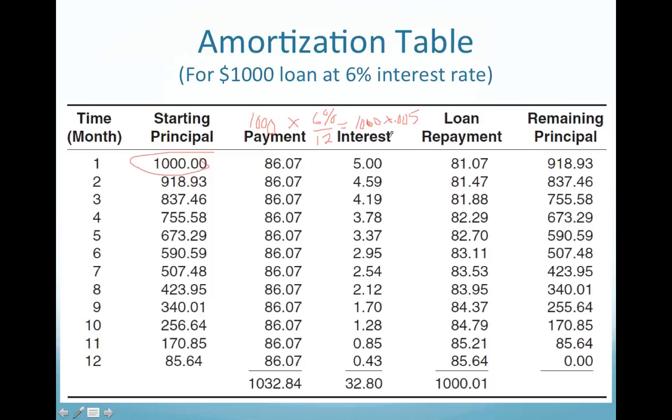Because it's 0.5%, it's not even 1%. And then that gets multiplied by 1,000, and that gives us $5. So that's how we come up with this 5 here.